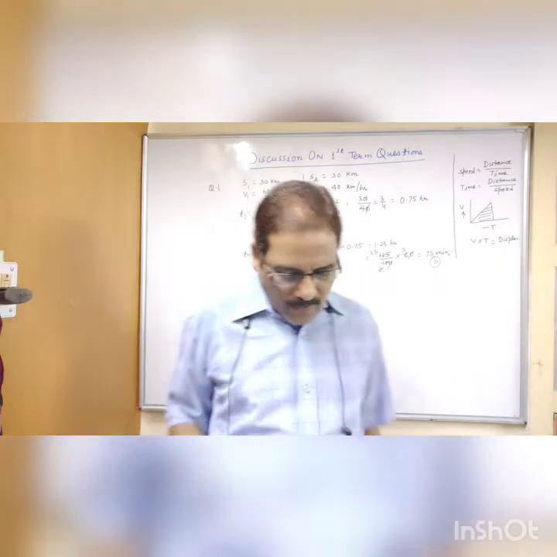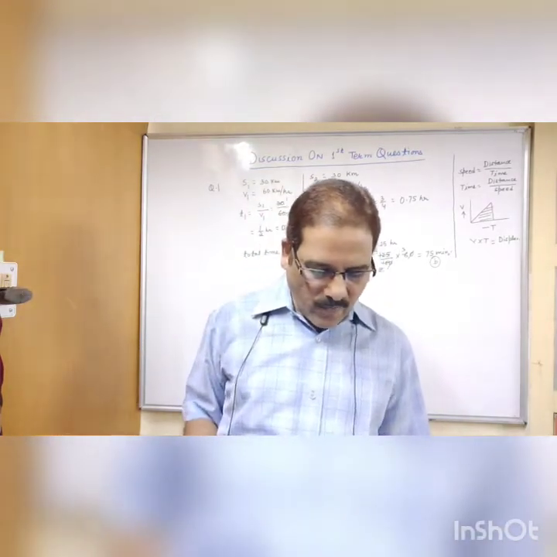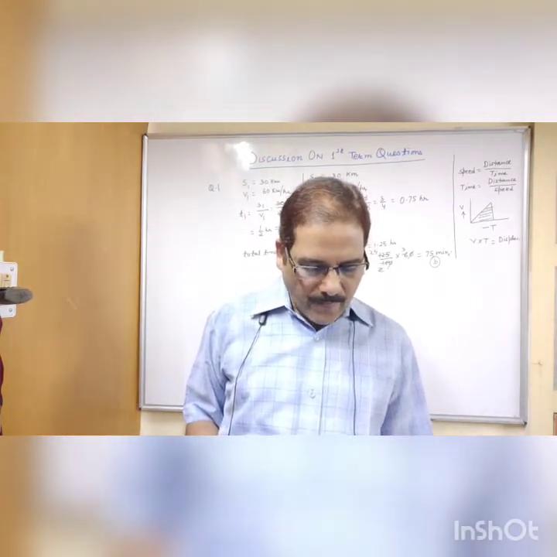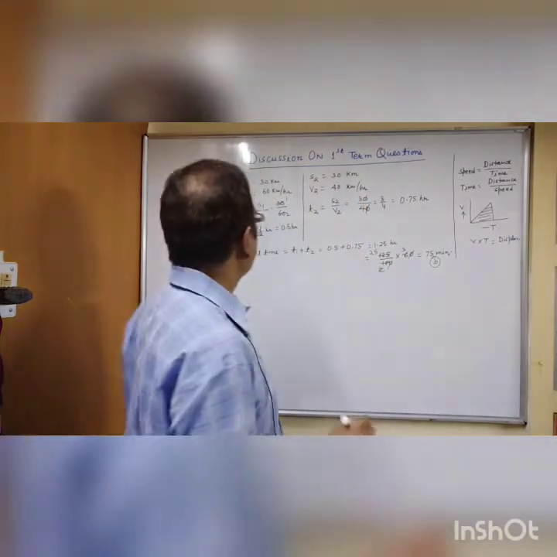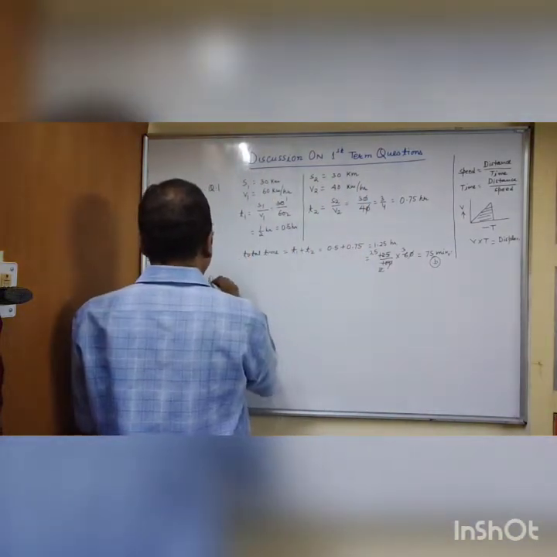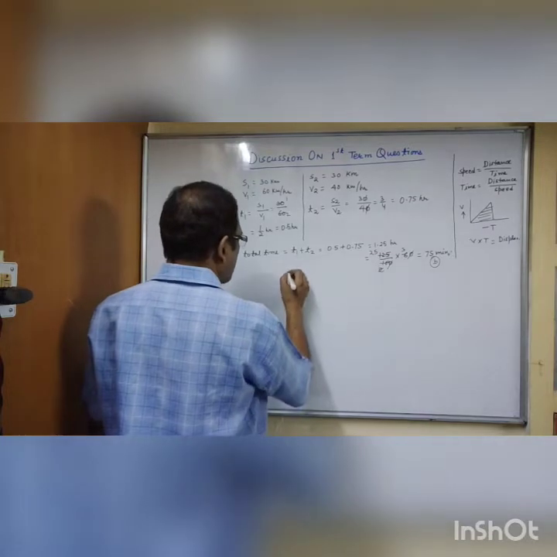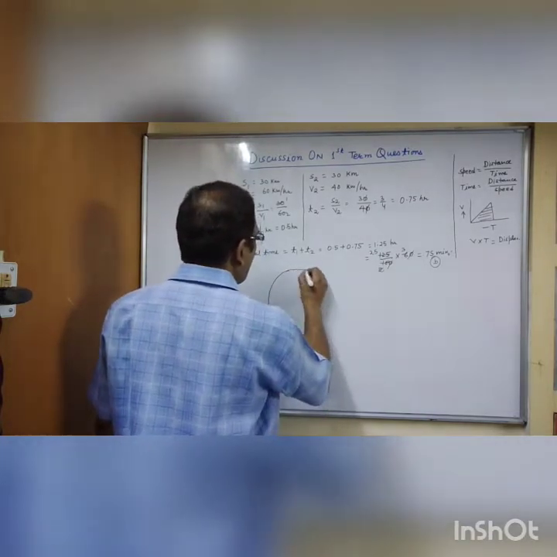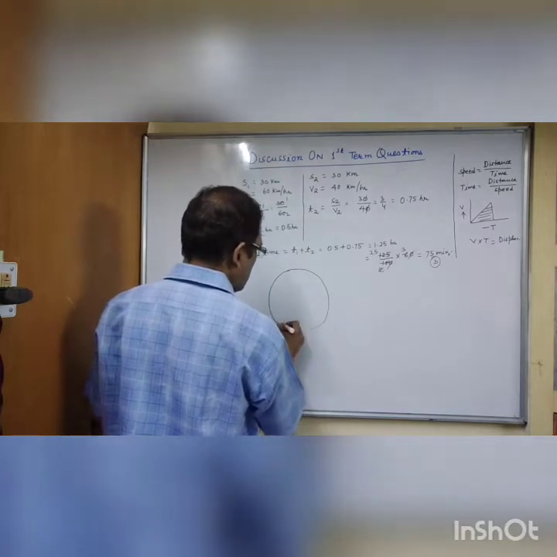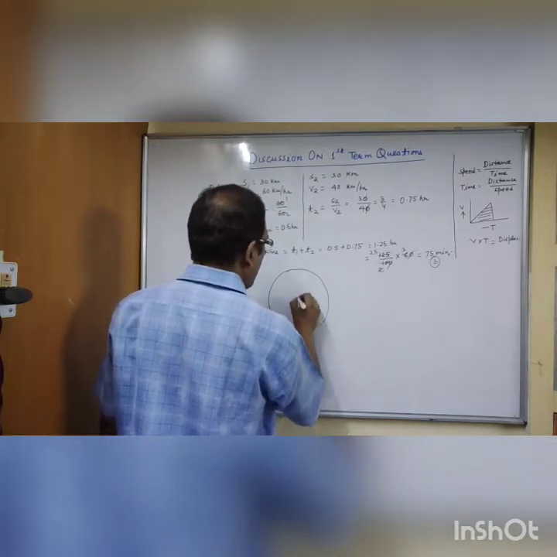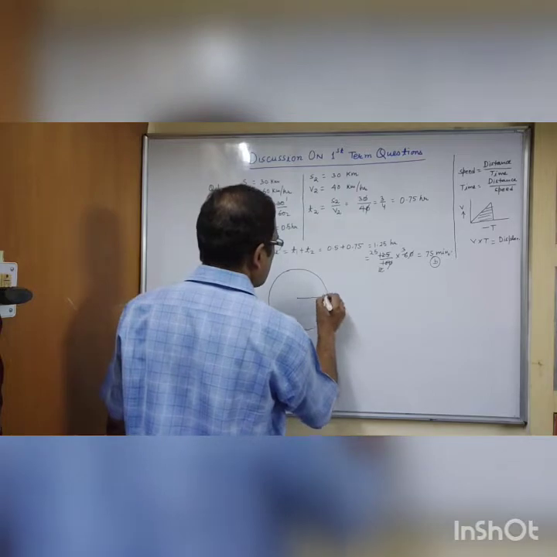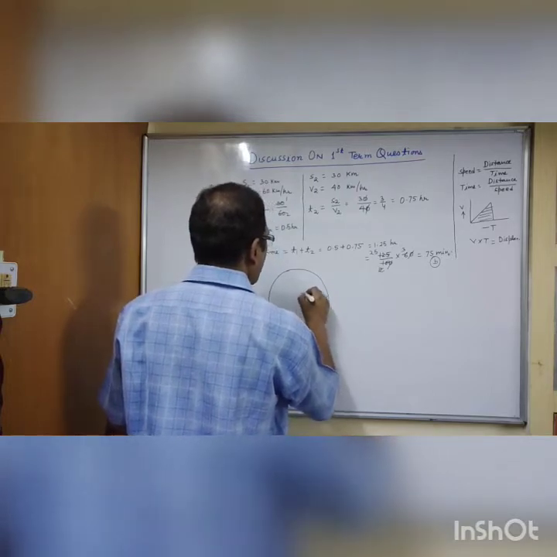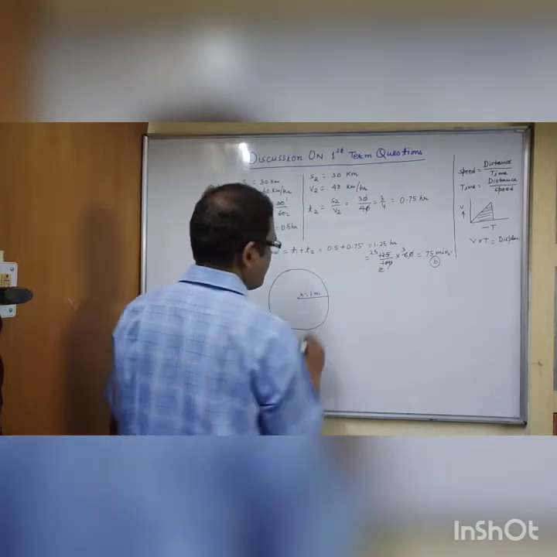Then question number 4: a particle is moving along a circular path of radius 1 meter. So question 4 is again a numerical. Suppose a particle is moving in a circular path, the circular path is like this, and its radius is given as 1 meter.